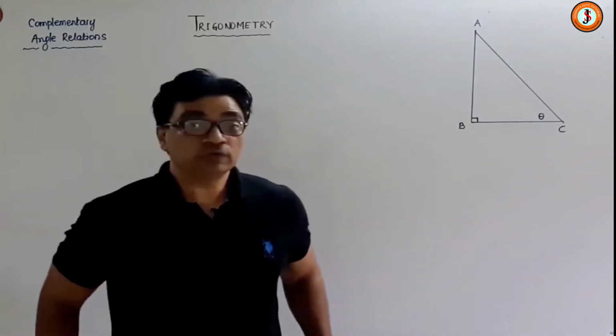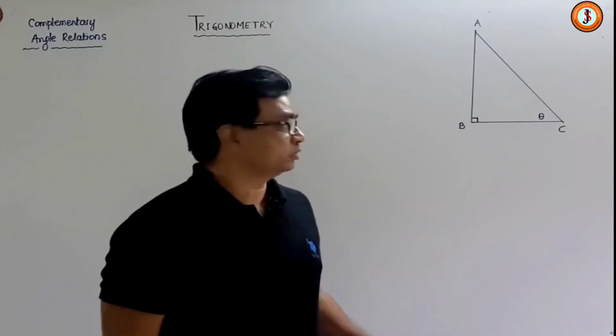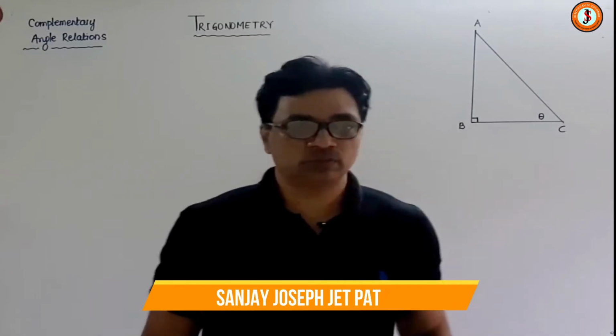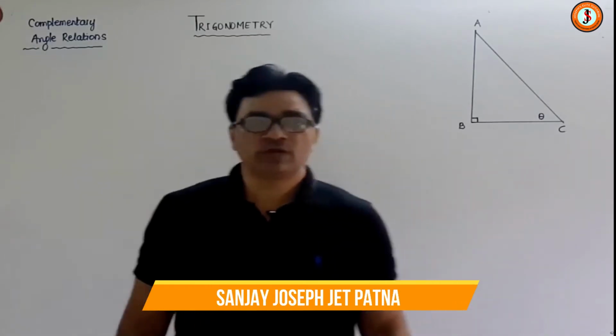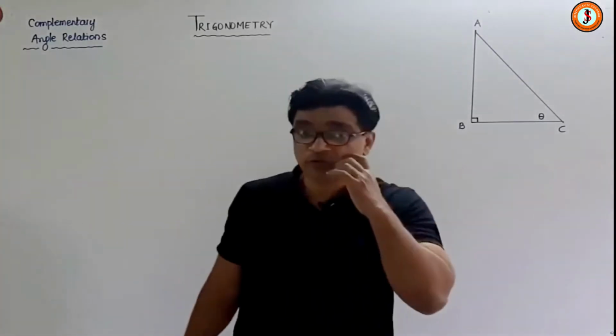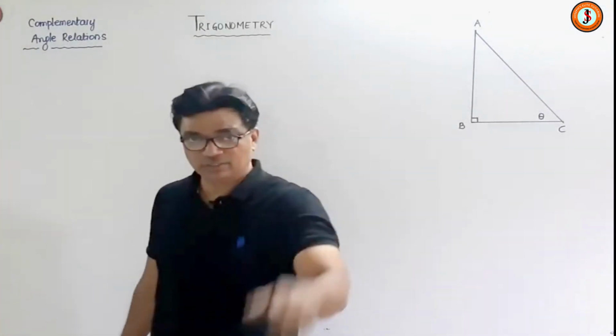Now see, we have studied trigonometric values of known trigonometric ratios before this class. A little bit of hint we have from there about what we are going to study. Say for example, if I tell you what is the value of sine 30, can you tell me?